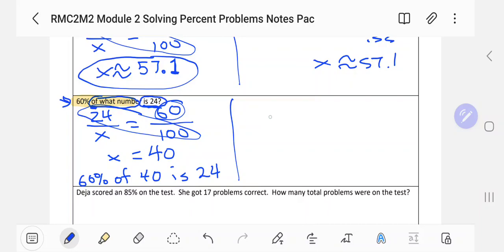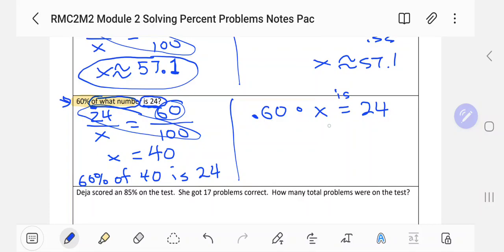Now we do percent times the whole equals the part. Percent is 0.60 times we don't know the whole equals the part. Equals is a lot of times the word is. So it says is 24, which helps you know that the 24 is going to be after the equal sign.